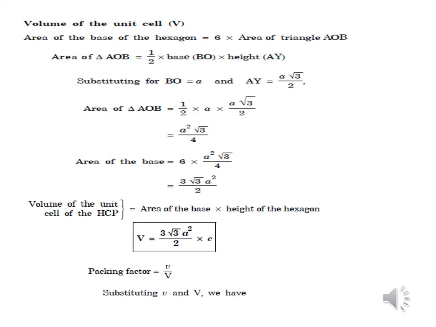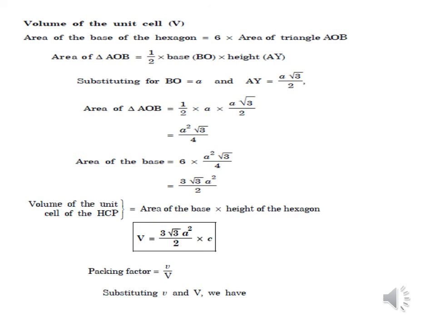BO means base atoms, and AY represents height. Substituting BO equals A and AY equals A root 3 by 2, the area of triangle AOB equals A squared root 3 by 4.